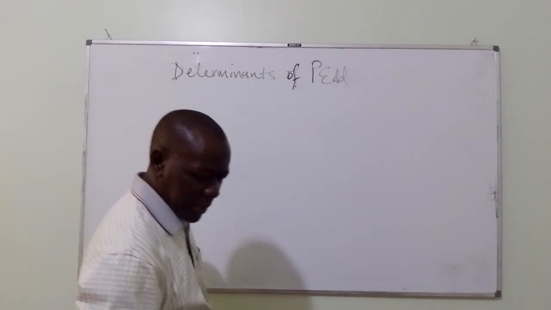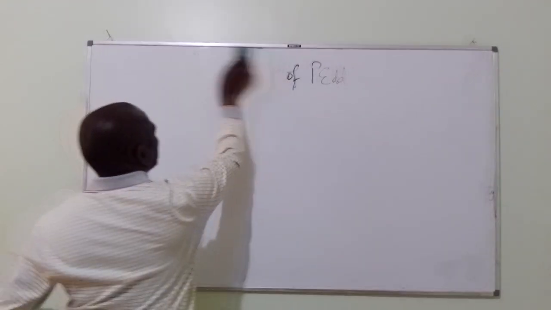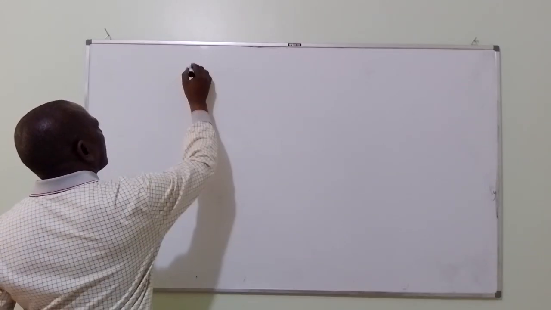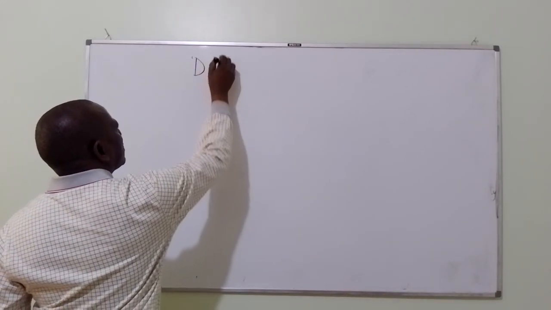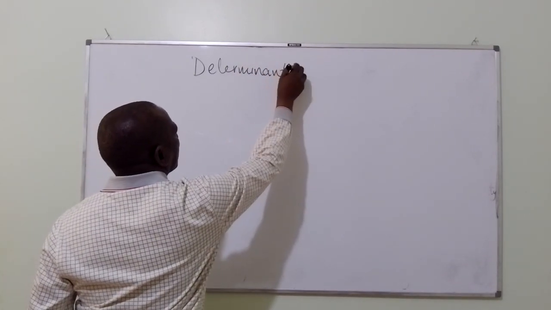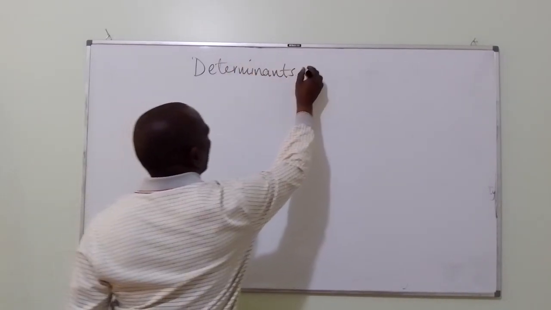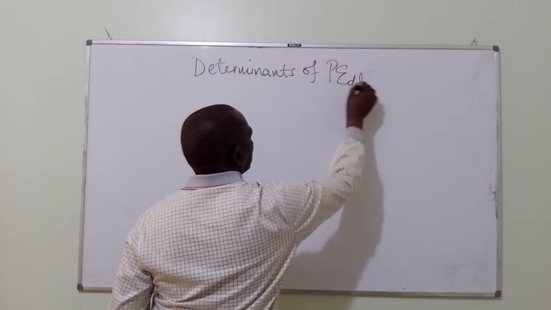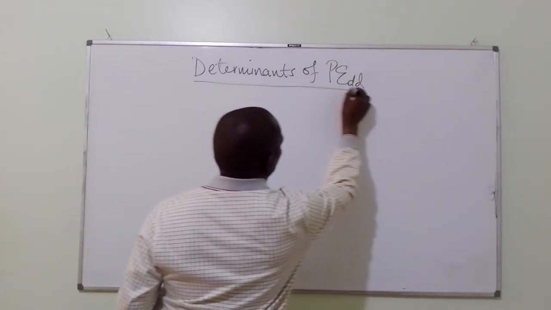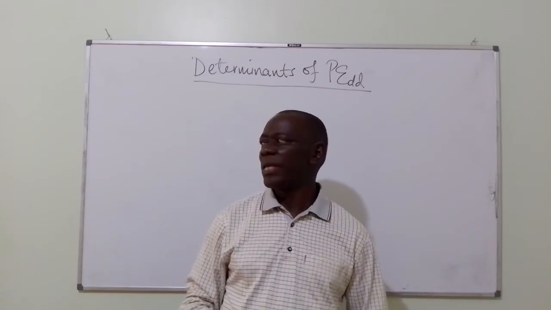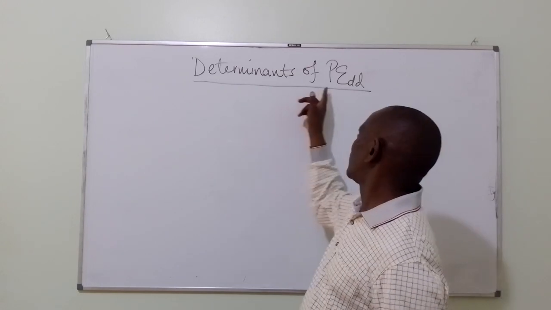Let me make it clearer. Determinants of price elasticity of demand. I told you there are some abbreviations which are allowed when we are studying, and this is one of them.